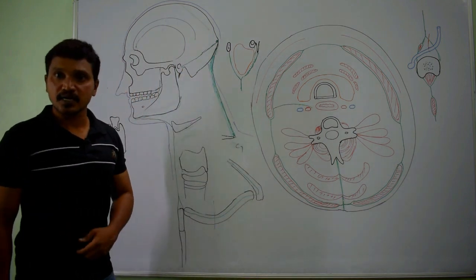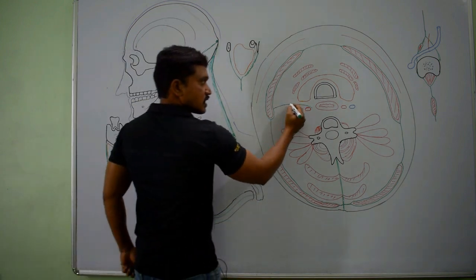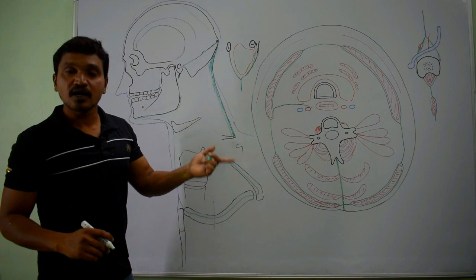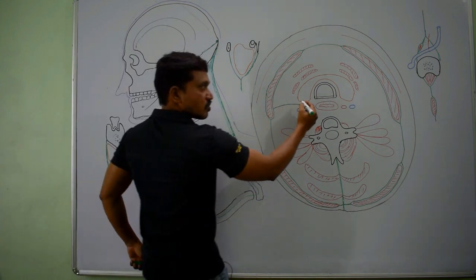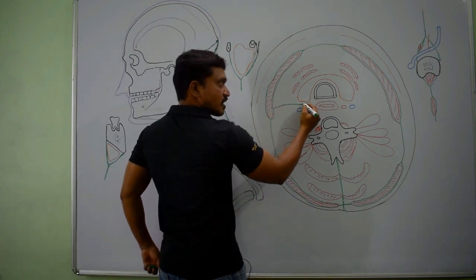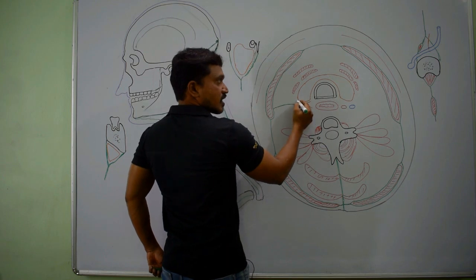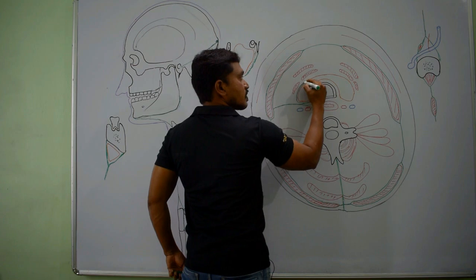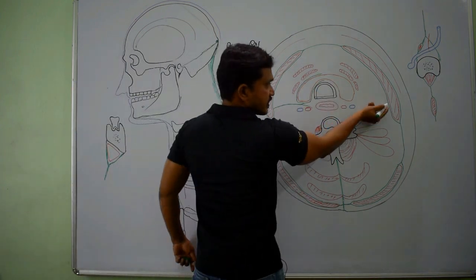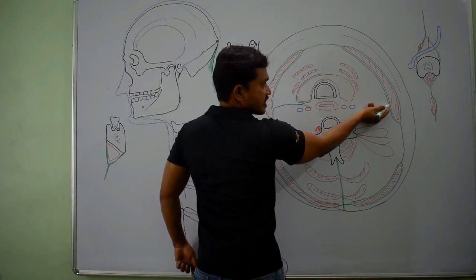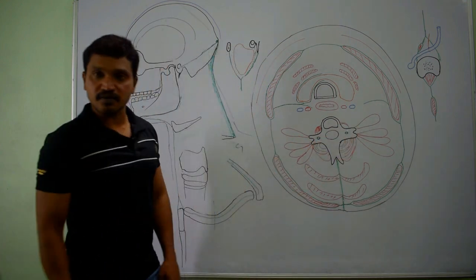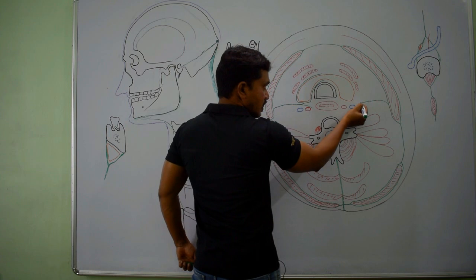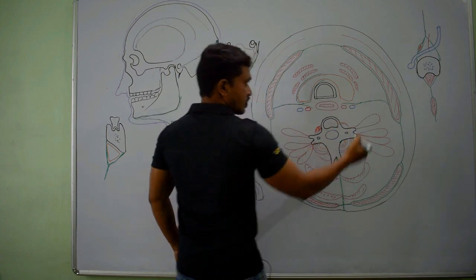After forming the anterior layer of carotid sheath, it is splitting into two layers and it is covering the thyroid gland. See here, it is splitting like this and it is covering the thyroid gland. This is deep layer and this is superficial layer. If you see this side, it is extending from the investing layer of deep cervical fascia underneath the sternocleidomastoid and it is forming the anterior layer of carotid sheath.